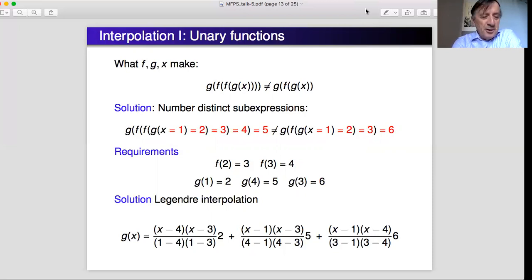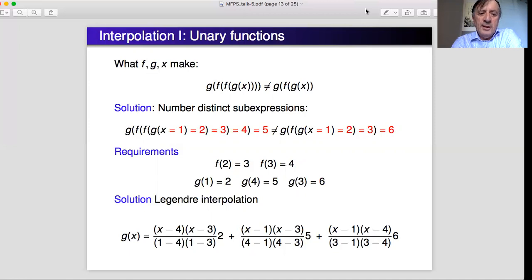But Legendre's interpolation, was it Lagrange, Legendre? I've forgotten. I'll call it Legendre, may well be wrong. It's Lagrange. Anyway, so for g of 1 equals 2, to get that, you write this first summand.